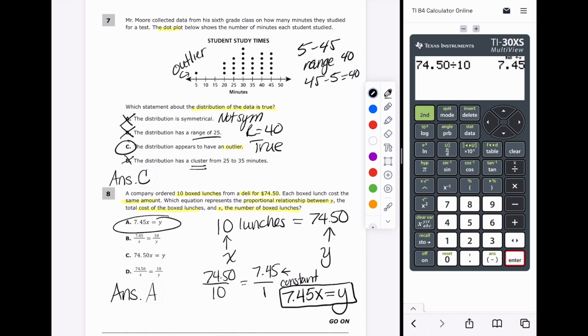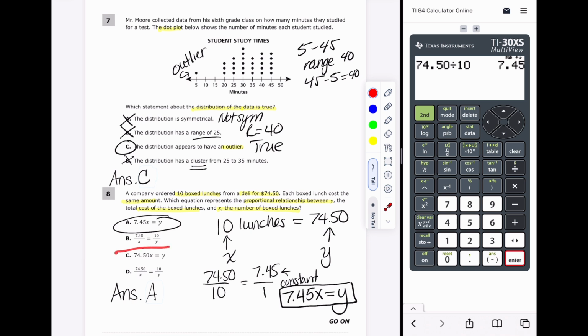All right. So the other ones don't work because they're not really showing the proportional relationship. Like in 10, it's telling me that 7 for the cost of the food divided by how many lunches I get. That's not going to give me the cost. That doesn't help me there.